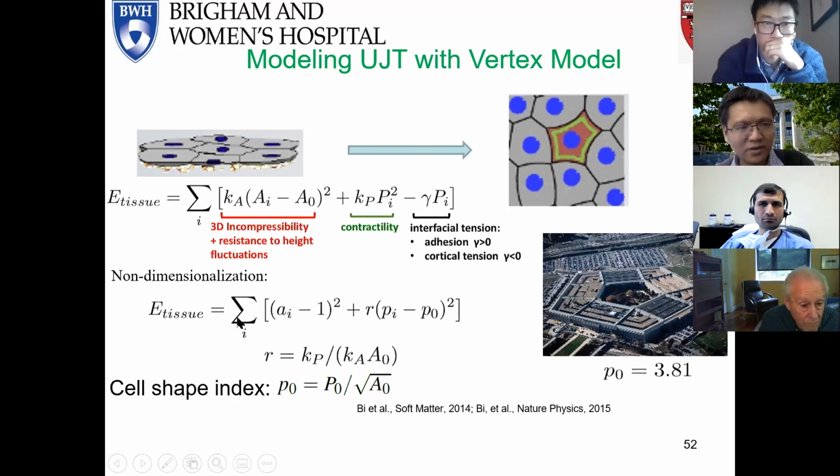Alternatively, you can write it in a non-dimensionalized way as follows. The p0 here is the cell shape index that I talked about. And it turns out this is a military secret, 3.81, because it's exactly what the Pentagon has, right? The cell shape index is 3.81.